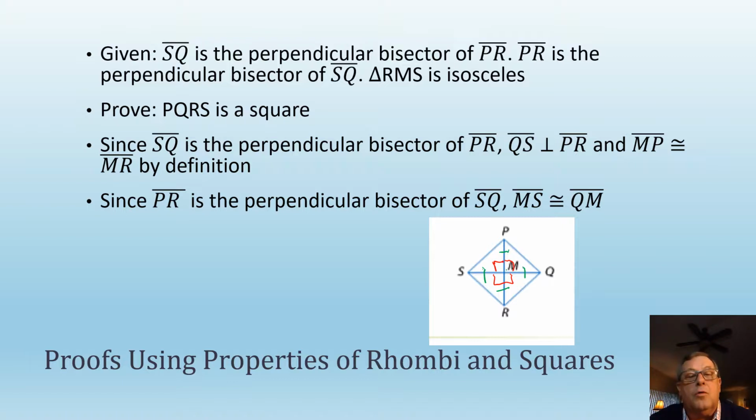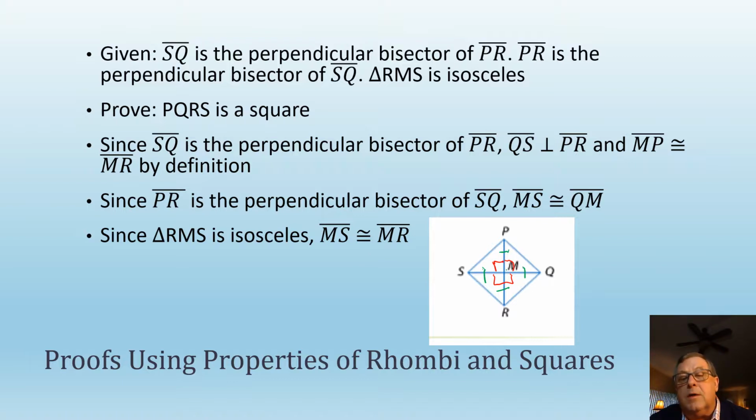Segments are congruent. Now, since triangle RMS is isosceles, well then MS is congruent to MR. And we can see that in this triangle RMS. So then by substitution we can say that segment MS is congruent to MP.